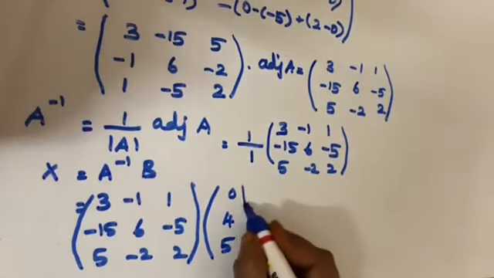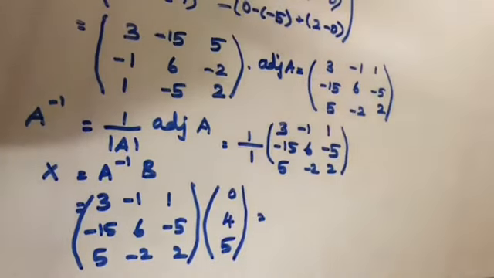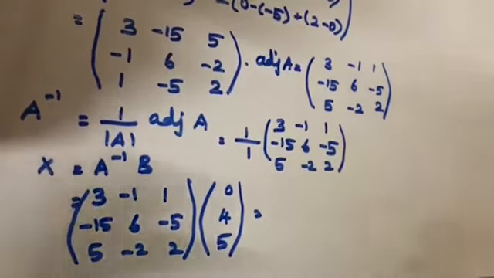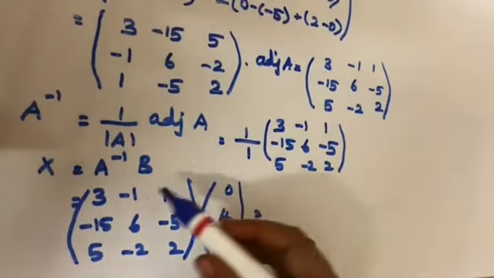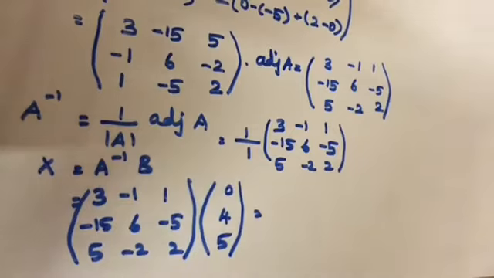Now we have to find the product of these two matrices. Okay. So while multiplying it, 3 into 0, minus 1 into 4, 1 into 5, like that.